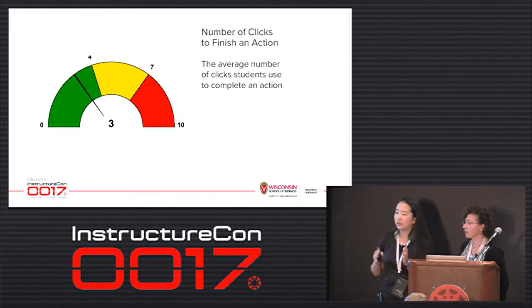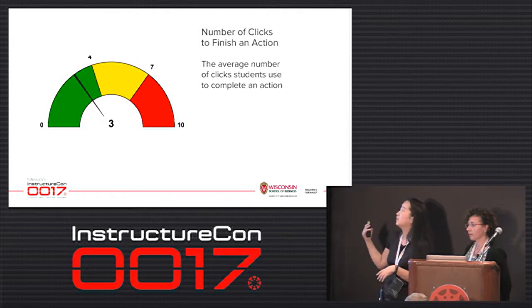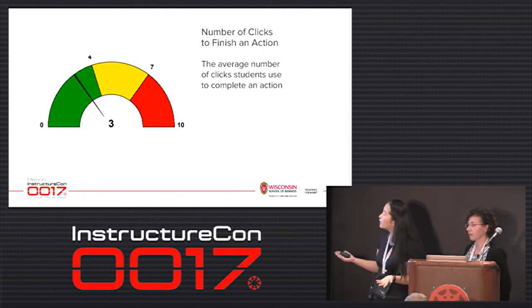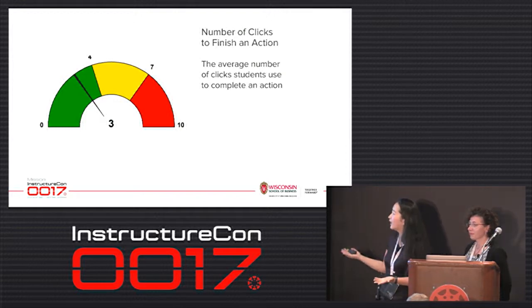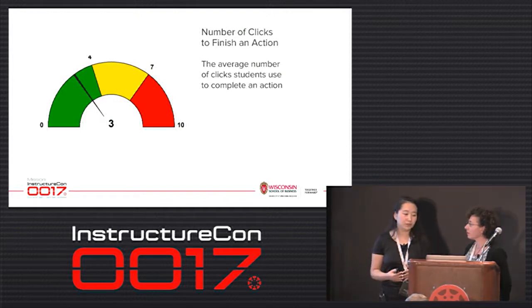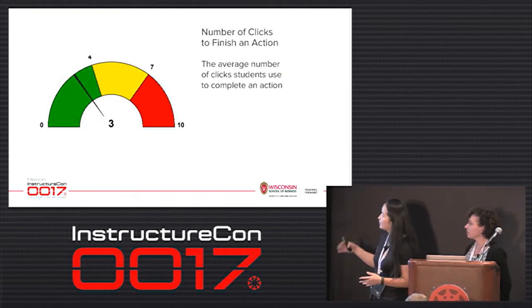Because we believe that if a student, after being inactive for more than 10 minutes, clicks on something else, they're initiating a new action. And we were hoping that it should take less than 10 clicks to finish something, to find something. And fortunately, all of our instructors had this number of clicks being less than 7.